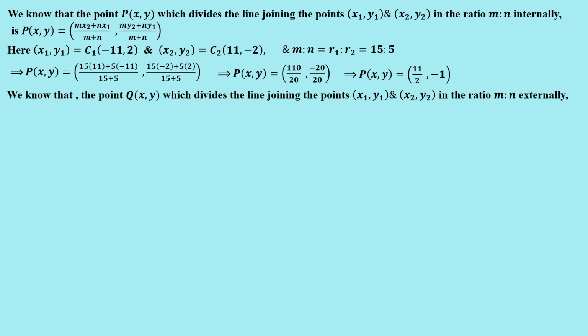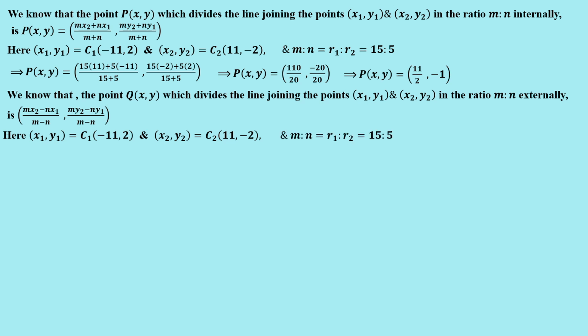We know that the point Q(x, y) which divides the line joining the points x1, y1 and x2, y2 in the ratio m is to n externally, then the coordinate of Q is given by (mx2 minus nx1) by (m minus n), comma (my2 minus ny1) by (m minus n). So here x1, y1 is the same, minus 11, 2, x2, y2 is 11 comma minus 2, and r1 is to r2 is 15 is to 5.